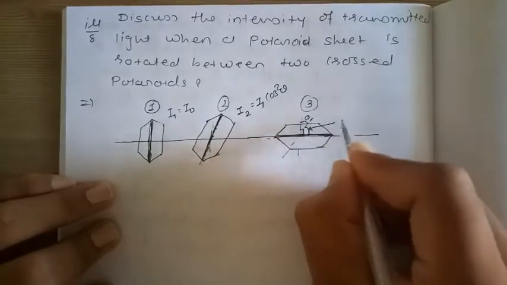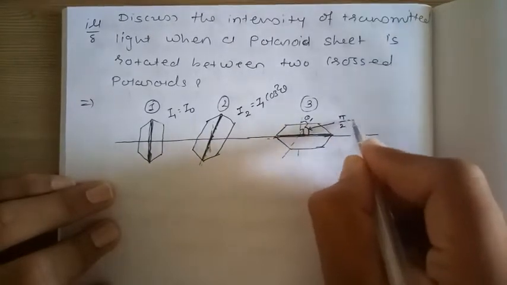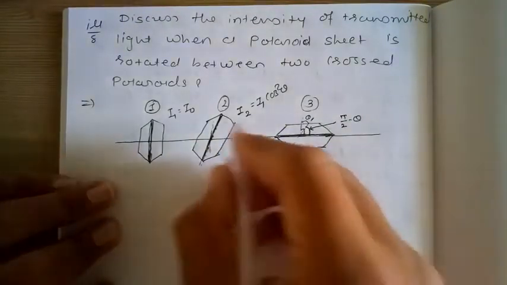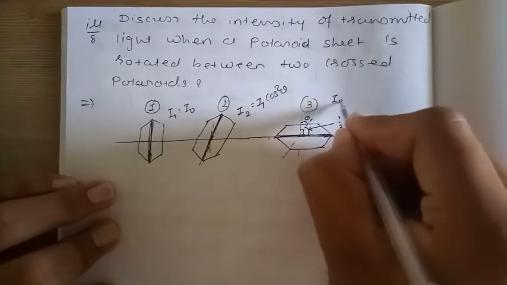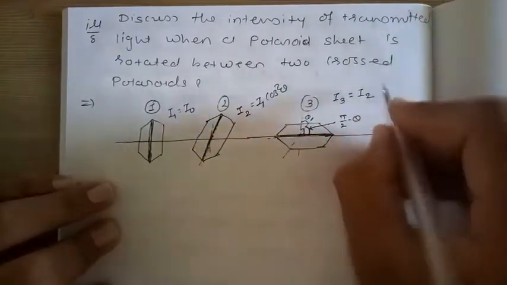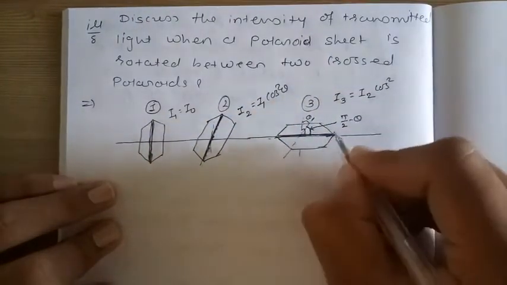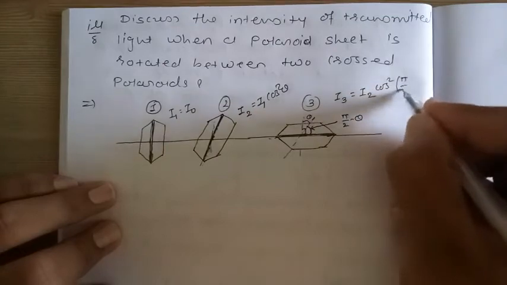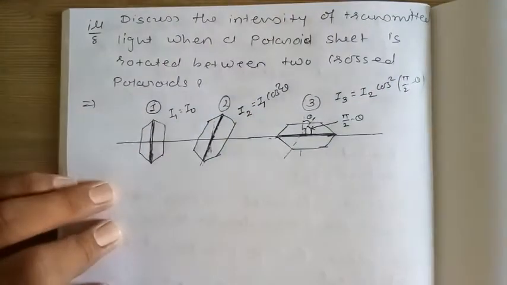So this angle is pi by 2 minus theta, right? So the intensity of Polaroid 3 is I3 equals, input is I2, so I2 cos square, instead of theta the angle is pi by 2 minus theta, right?